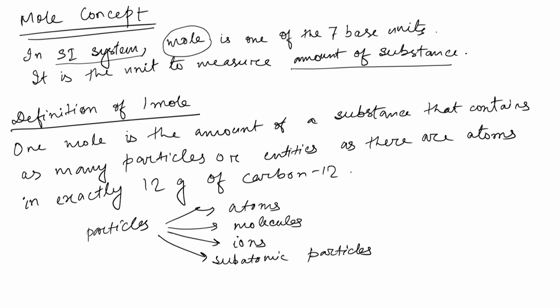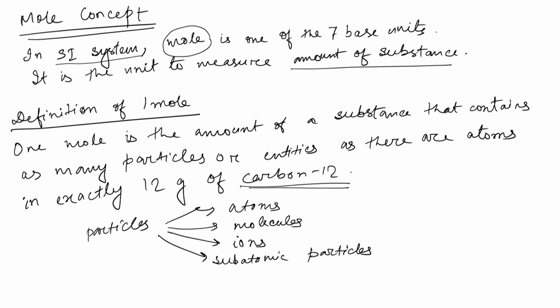If you remember the definition of relative atomic mass, there we were relating the atomic mass of other atoms in terms of carbon-12. So, since carbon-12 was considered as the base atom or the base element, the mole was also defined with respect to carbon-12.